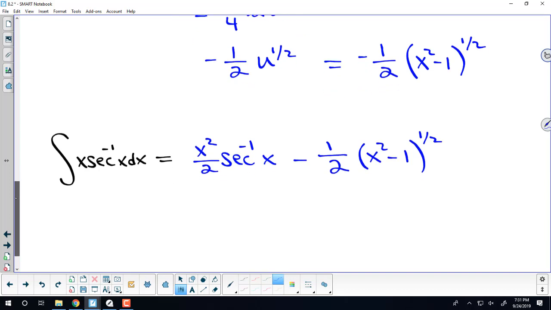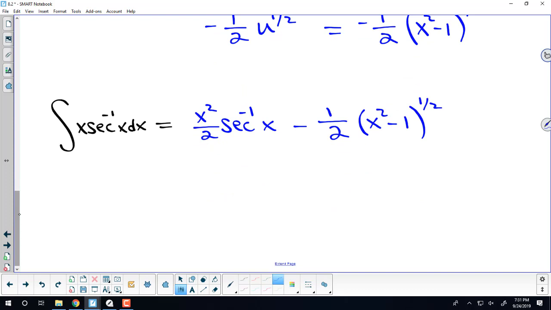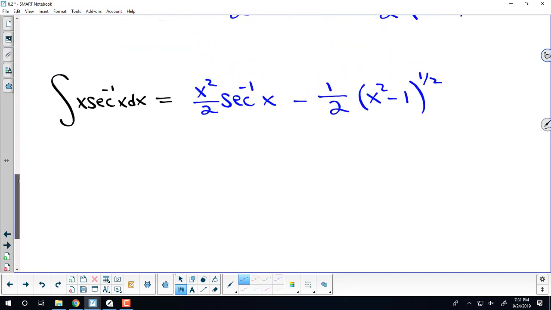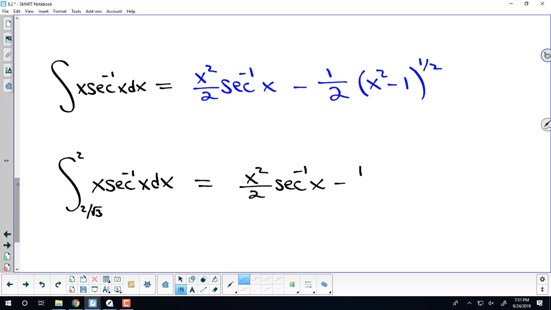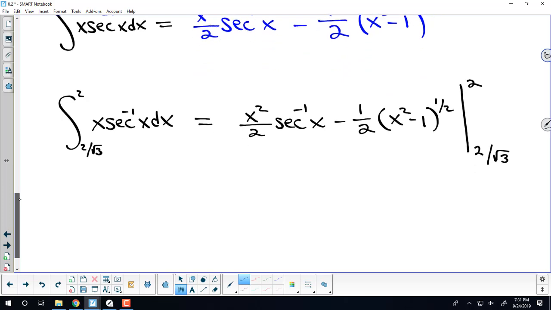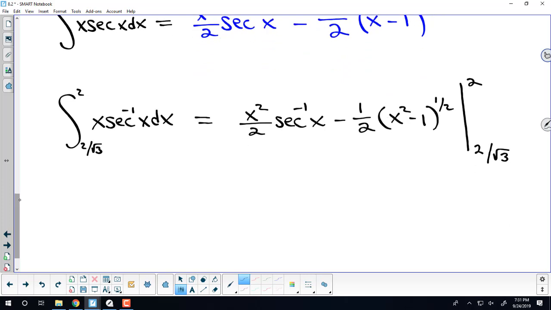And then the other question was, well, then how do we put these bounds in? Sorry, go back up. So then, how do we evaluate basically inverse secant at those things?